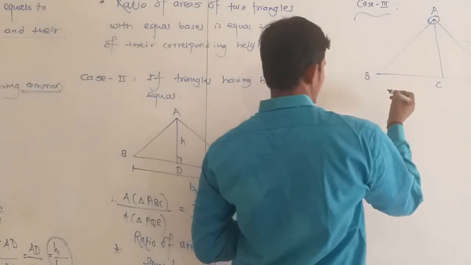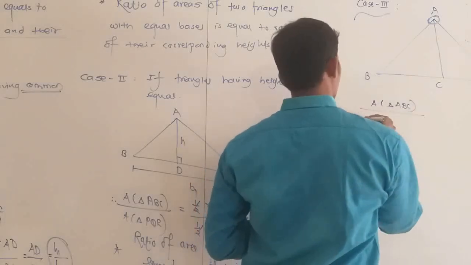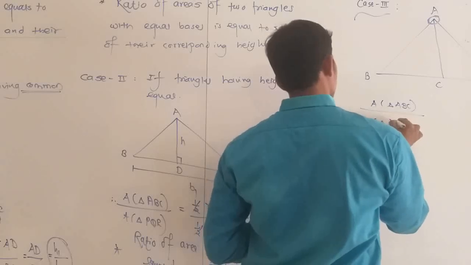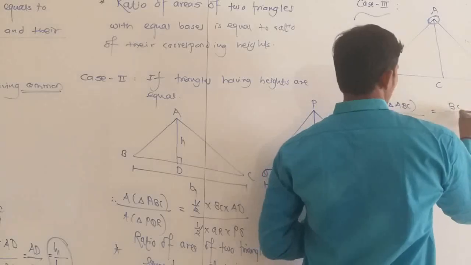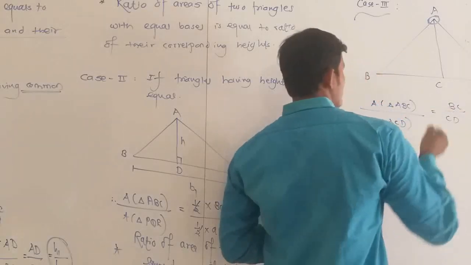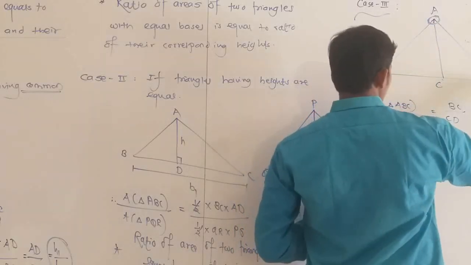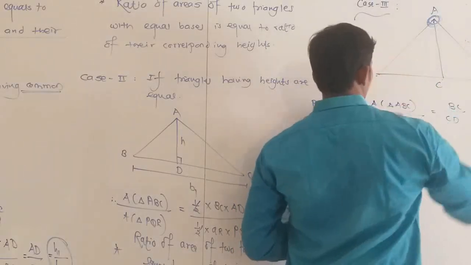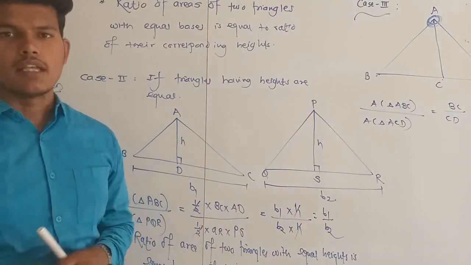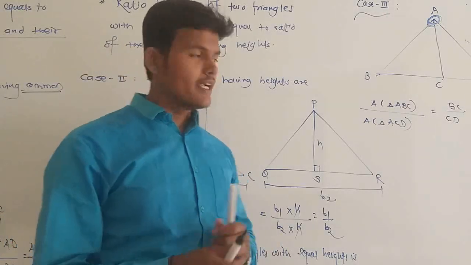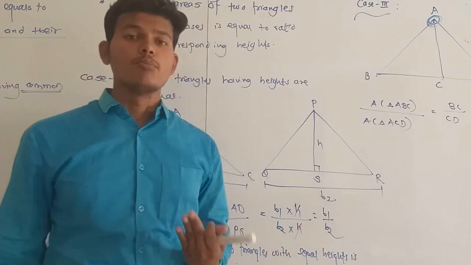bases. That is, the ratio of the area of triangle ABC to the area of triangle ACD is equal to BC upon CD. Why? Because both triangle ABC and triangle ACD share a common vertex A, and if two triangles share a common vertex, then their heights are equal, and if heights are equal, then their area is proportional to their bases.